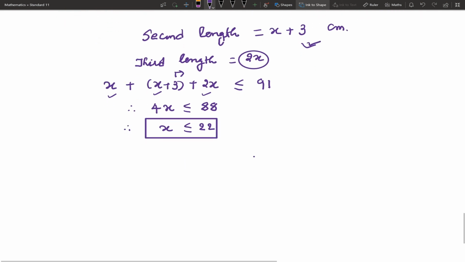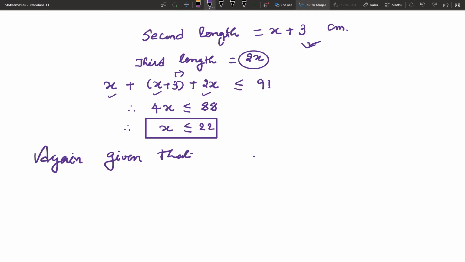Again we are given that the second length is to be 3 centimeter longer than the shortest, and the third length is to be twice as long. What are the possible lengths of the shortest board if the third piece is to be at least 5 centimeter longer than the second?